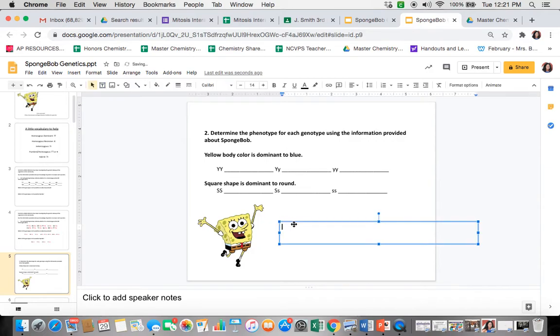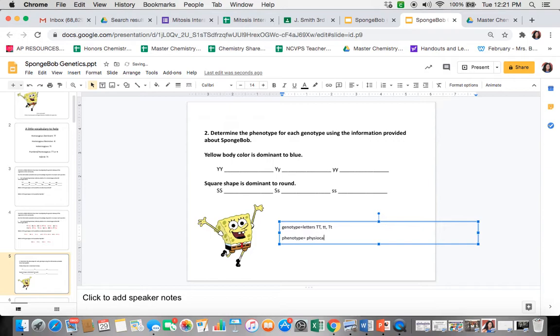So my genotype is going to be letters, which would be like big T, little t, or any sets of letters there. And my phenotype would be my physical appearance. What do I look like?